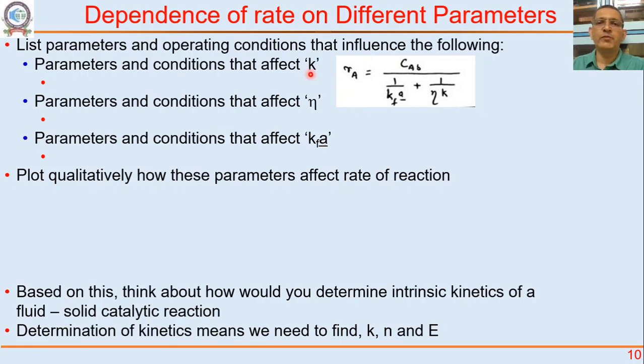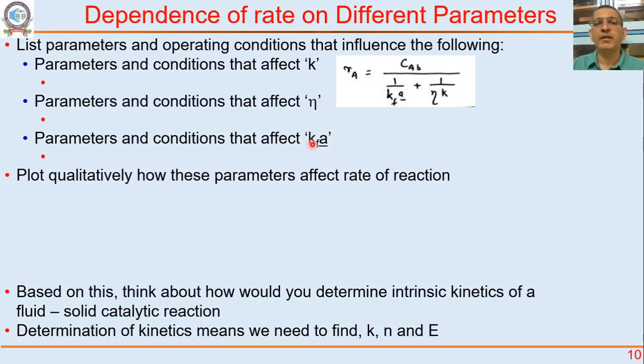So what parameters would affect the rate constant? One could be surface area, second could be number of active sites, third could be temperature. What parameters would affect effectiveness factor? The Thiele modulus, effective diffusivity, size of the catalyst, rate constant.